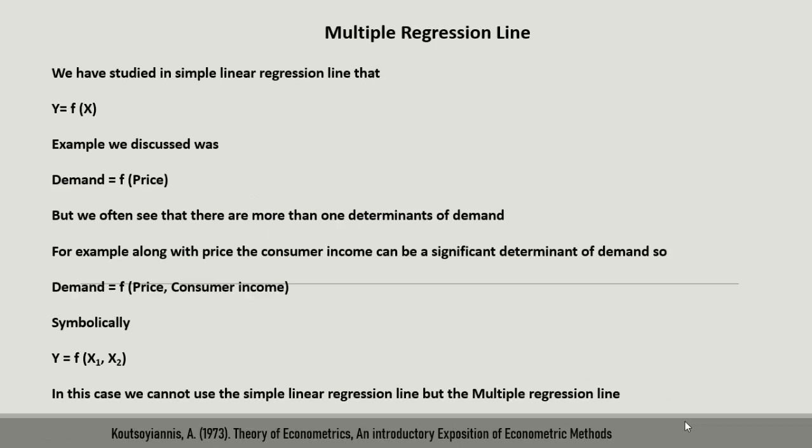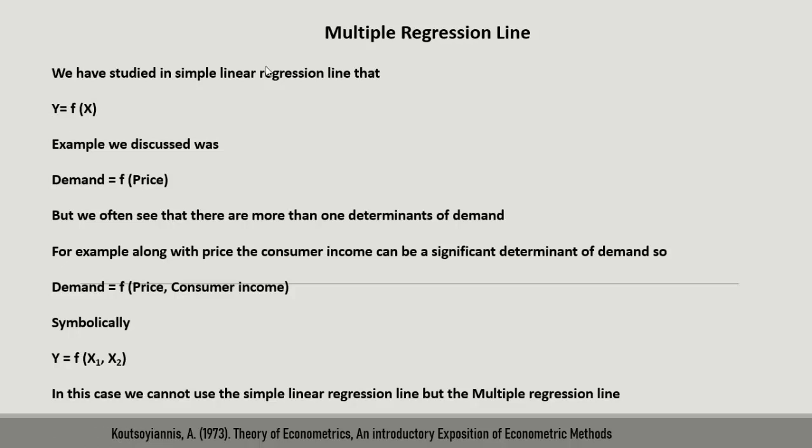Dear students, we have studied in the simple linear regression model that we have two variables, one dependent and one independent variable. That is the reason that model is also known as the two variable model, in which y is the dependent variable and x is the independent variable.